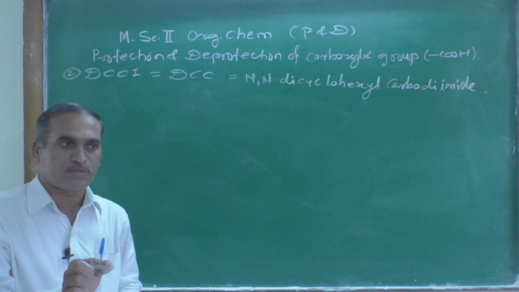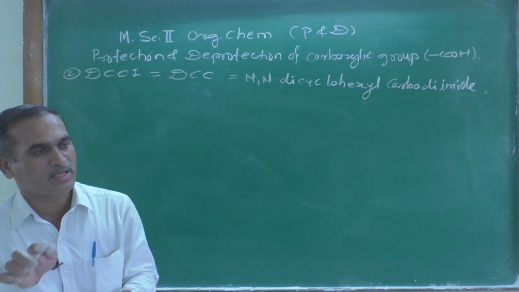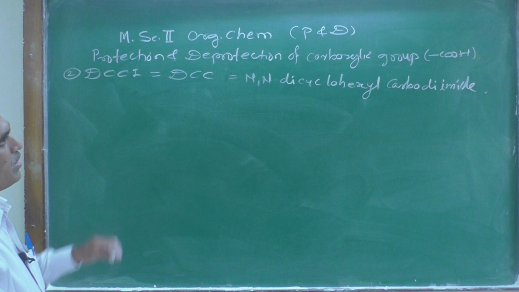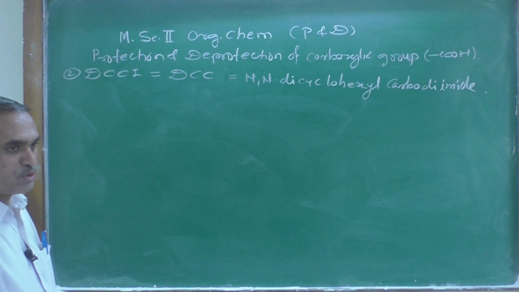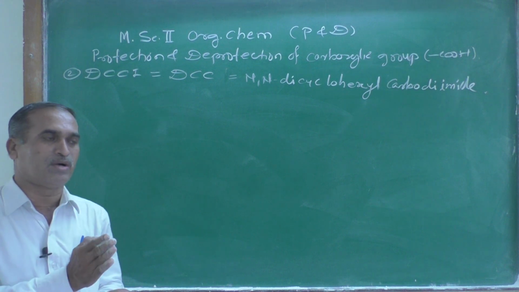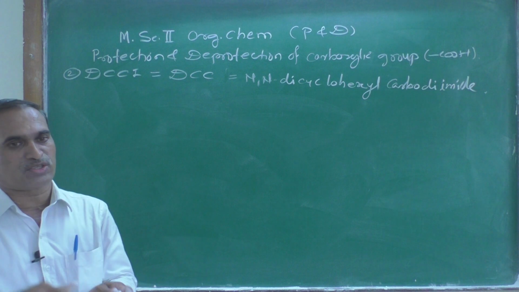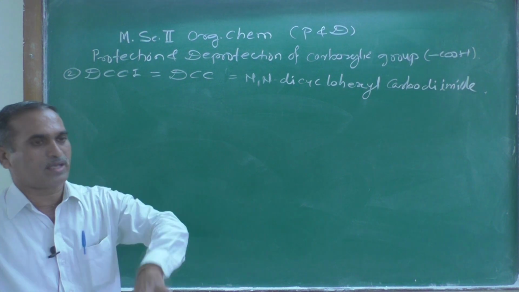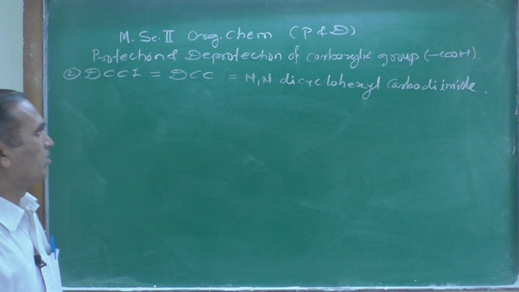That acidic proton interferes with the base catalyzed reaction, and therefore we can use this type of protecting group, so that we can carry out the reaction at the other part of the organic molecule, and we will get the desired product.